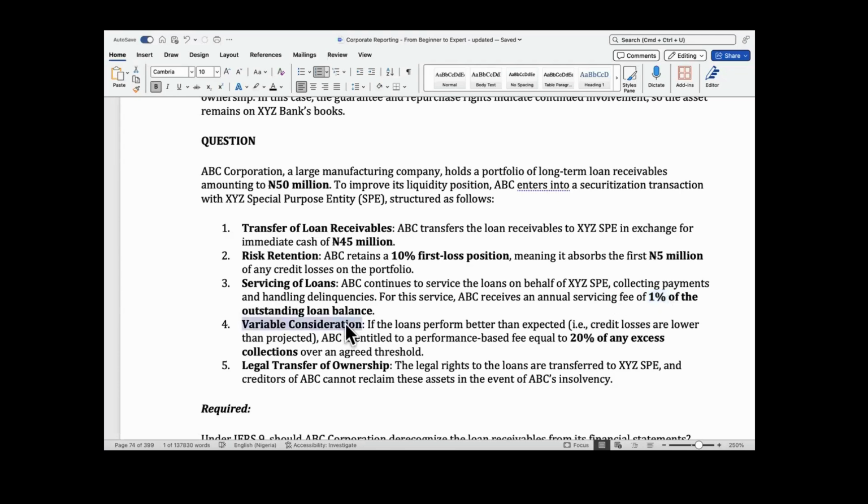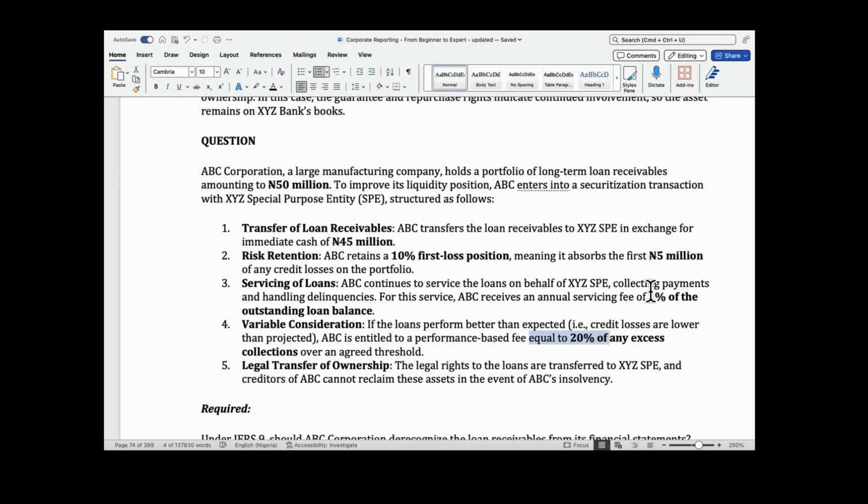Now, we have variable consideration, where they say that if this loan performs better than expected, you're going to get 20% of any excess collection. Now, this is a reward. So not only has he not transferred the risk, he has not even transferred the reward fully, because the reward is still there for him. He's getting 20% of any excess collection.